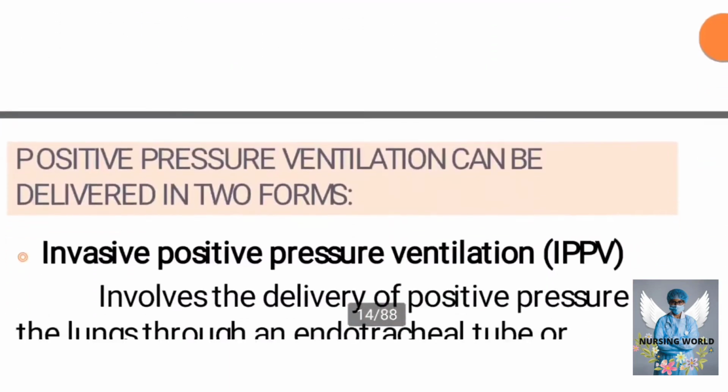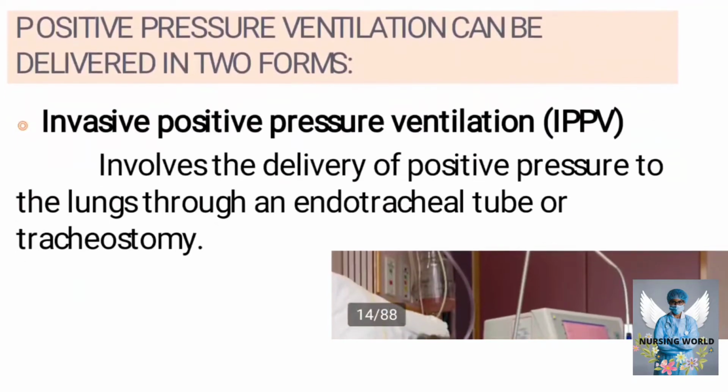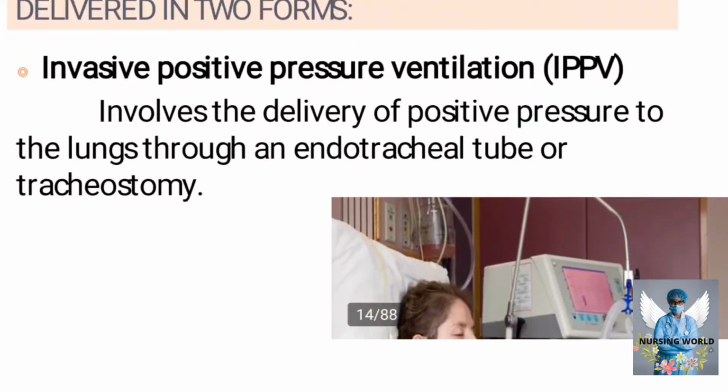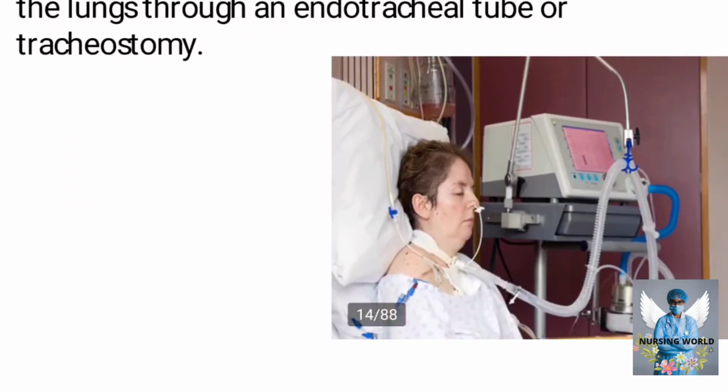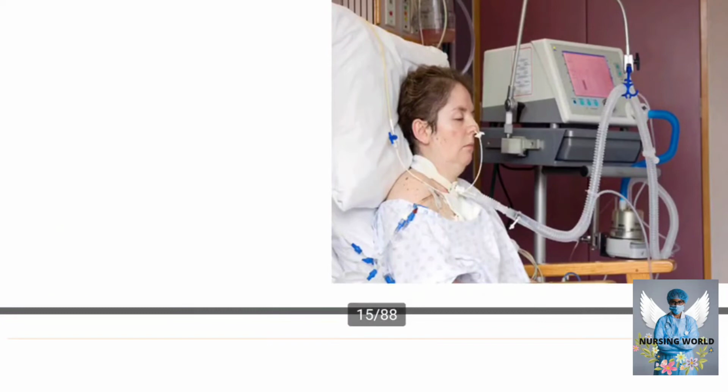This is the mechanism. Next, positive pressure ventilation can be delivered in two forms. Invasive positive pressure ventilation, that is IPPV, involves delivery of positive pressure to the lungs through an endotracheal tube or tracheostomy. See, this is how IPPV works. They will be getting the positive pressure through the tubing.